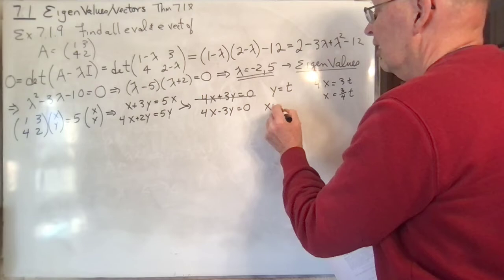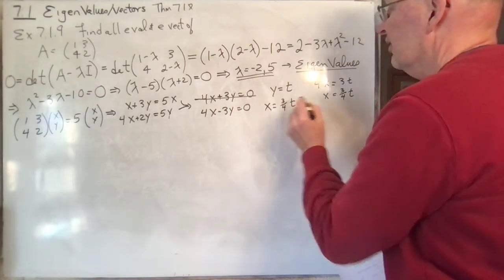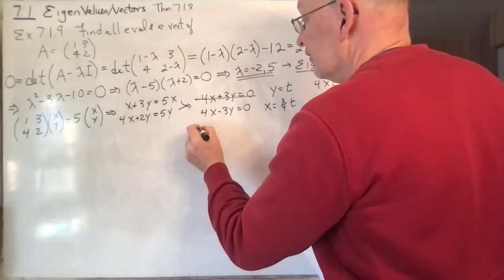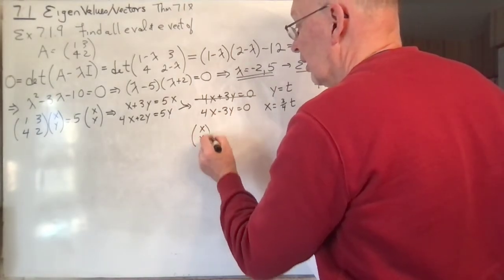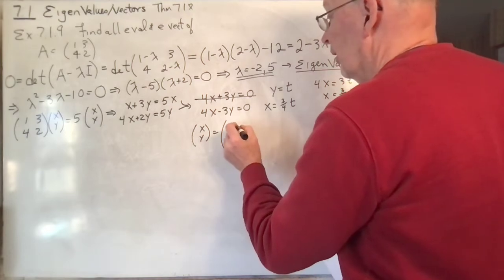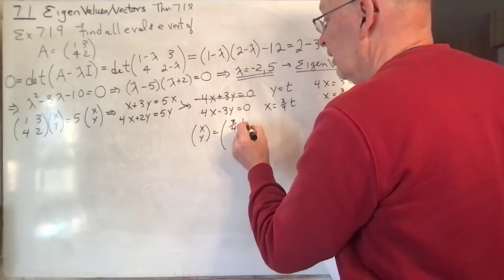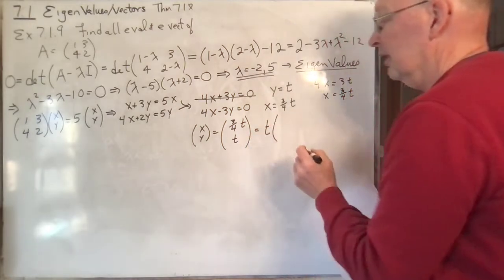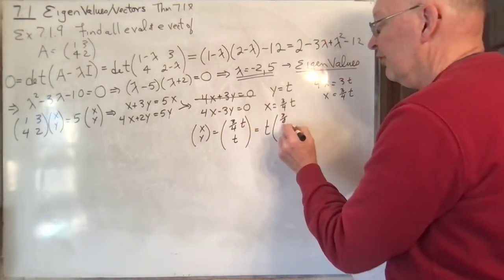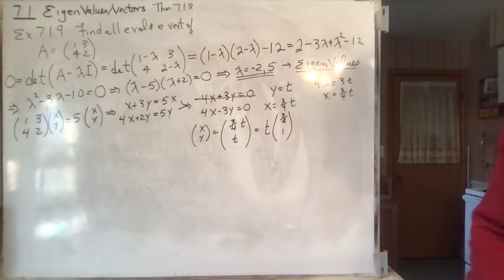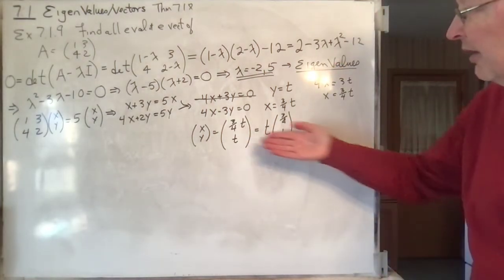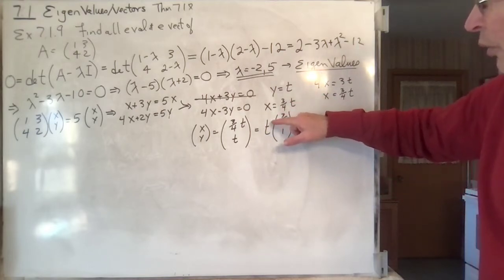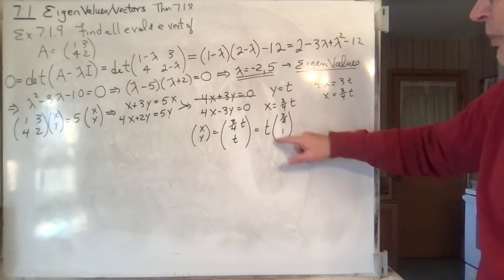So that means your eigenvector is going to be 3/4 t, and you can factor the t out, and you're left with 3/4 and 1, and t can be anything. So any constant times this is going to be an eigenvector.